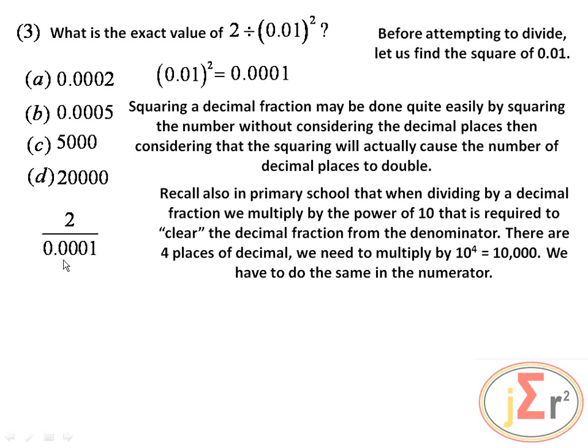There are 4 decimal places here. We therefore need to multiply by 10 to the power of 4, which is 10,000. And if we do that to the denominator, and we want the fraction to remain the same, we will have to do that also to the numerator.